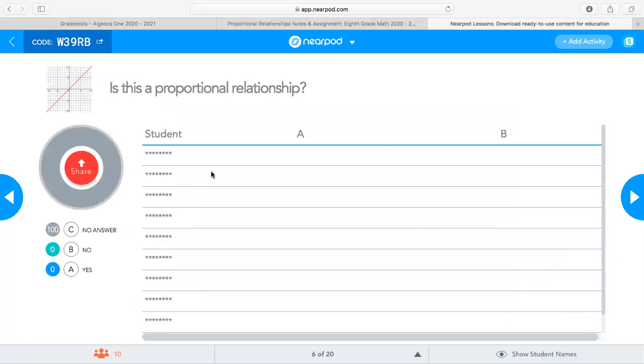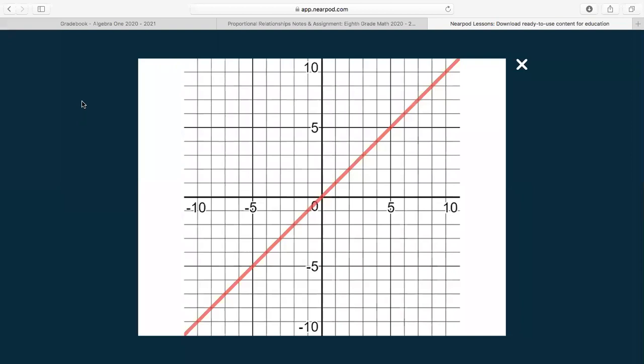So, question number 1 for you to answer. Is this graph proportional? So you just do it in the poll. I'm gonna give you 30 seconds. Is this graph proportional?